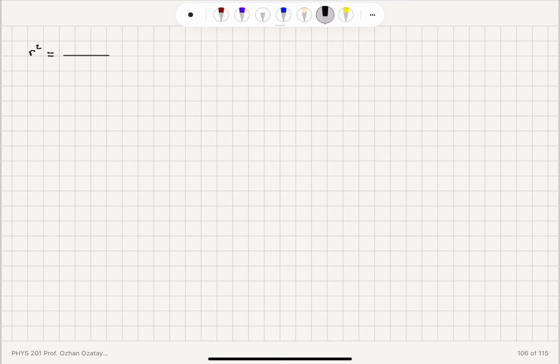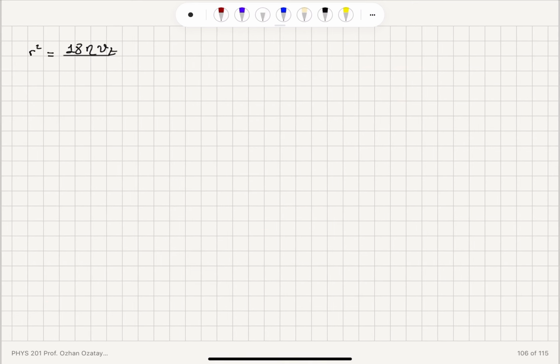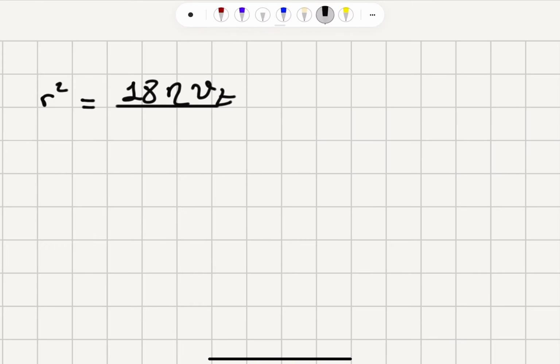So I will have r squared is equal to 18 eta v terminal, that is the left-hand side, 18 eta v terminal divided by 4 rho g.